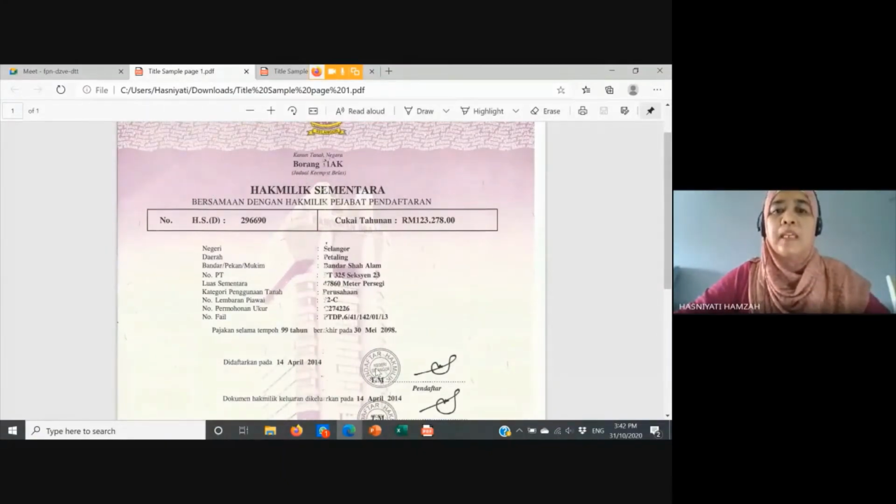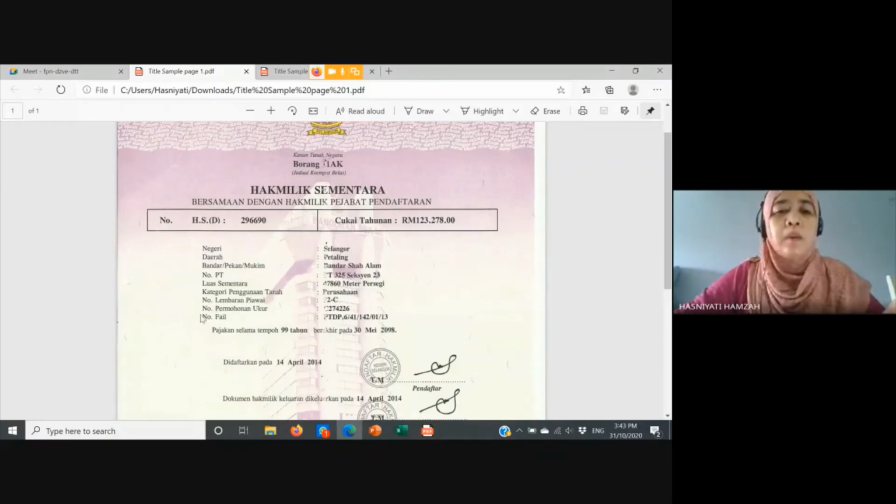Now see here, this is the title details, the land details. The title number, the lot number. The lot number is here, the title number, where it's located: the state, the district, the city or the town or the mukim. What else? The land area, the land use, and where you can locate it in the survey sheet.